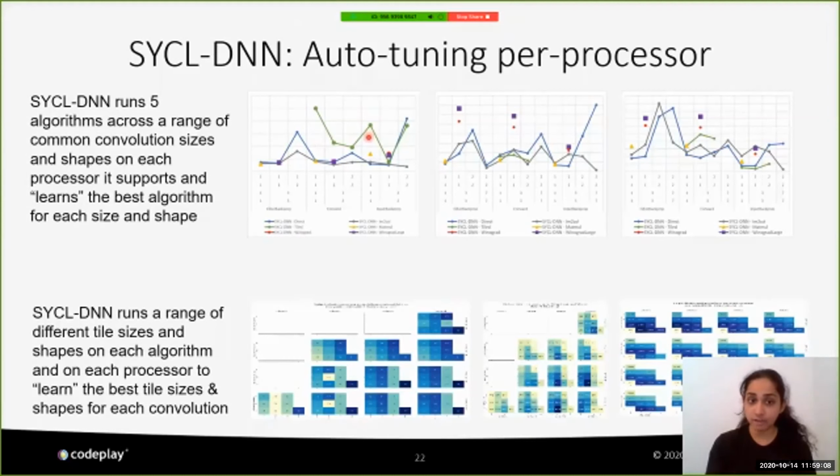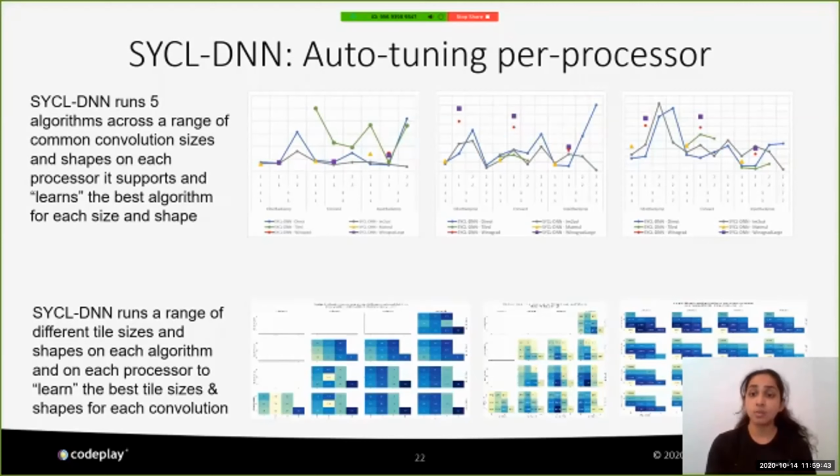SYCL-DNN runs these algorithms for the different shapes of the convolutions, and it learns the best algorithm for each shape and size. After we know which is the best algorithm for a particular processor, we can go one step ahead and run a range of different tile sizes and shapes on each of these algorithms that we have chosen for these processors, and we can learn the best tile sizes to extract more performance from the processor, even more than choosing the correct algorithm.